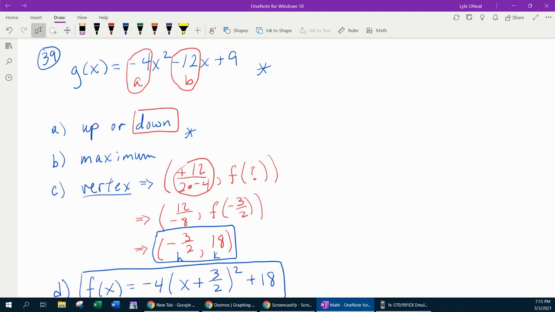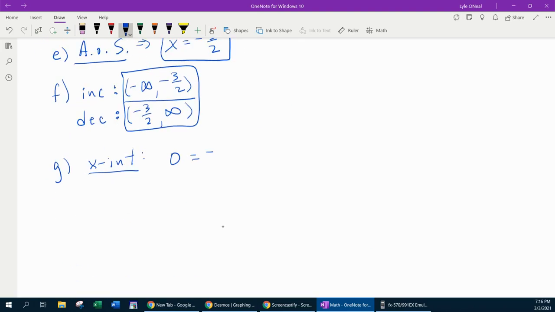So that function was g of x equals negative 4x squared minus 12x plus 9. And we're going to try to solve that by factoring. So since my lead term is negative, the first thing I'm going to do is divide both sides by negative 1, and that'll make the a positive.